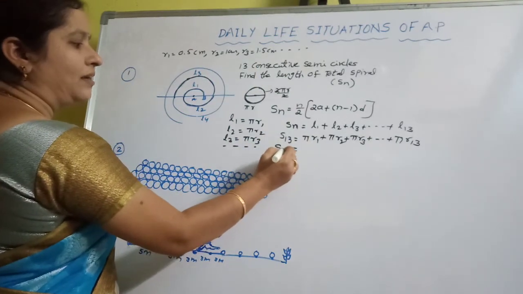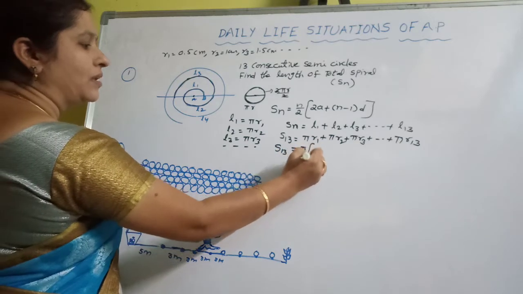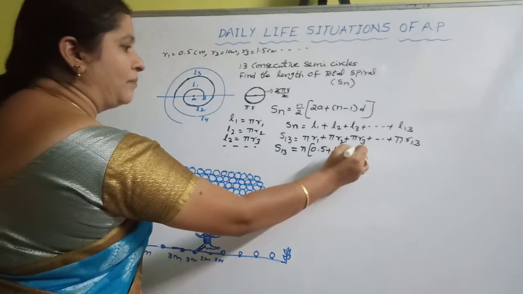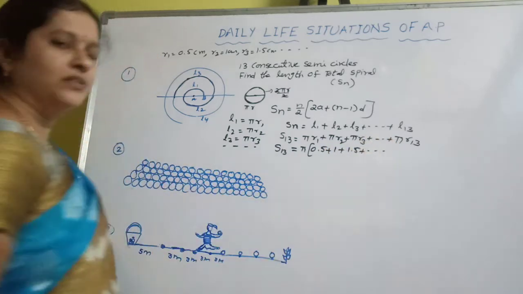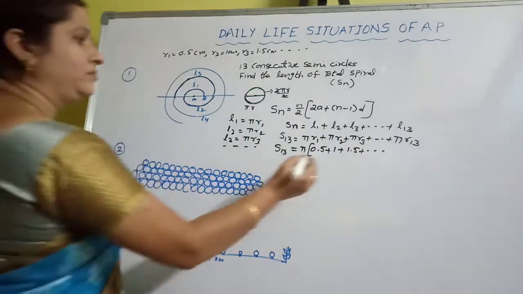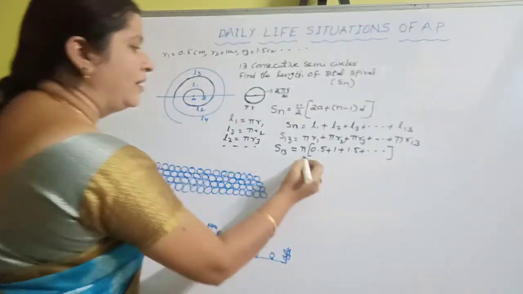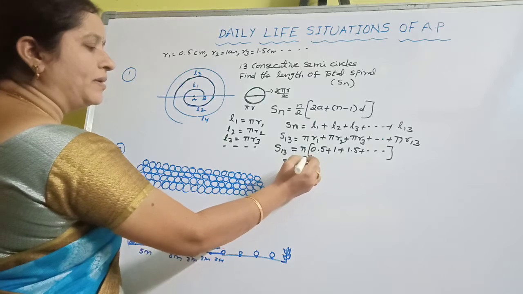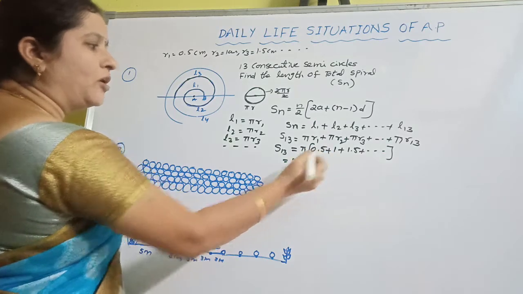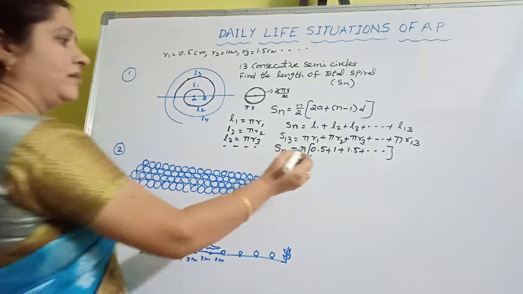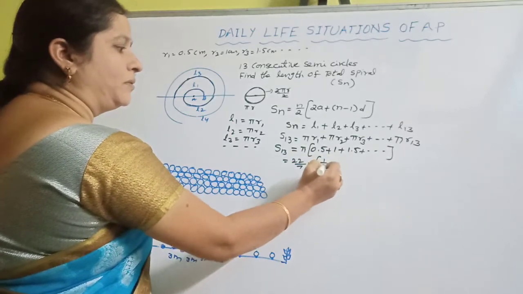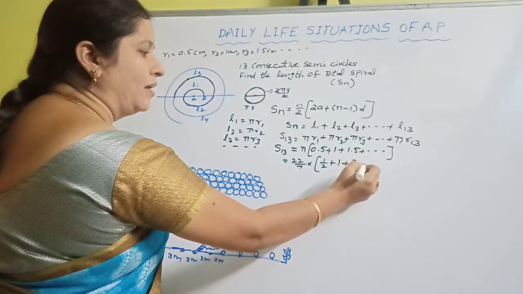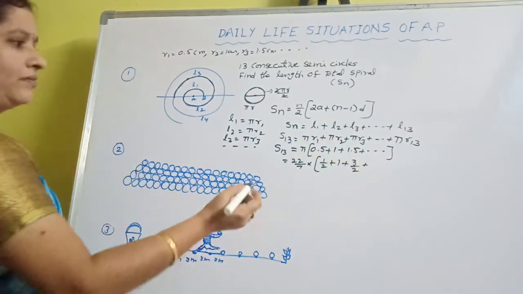So S13 equal to pi into 0.5 plus 1 plus 1.5 plus so on. Pi means 22 by 7 into 0.5, which is 1 by 2, plus 1, plus 3 by 2, plus so on.